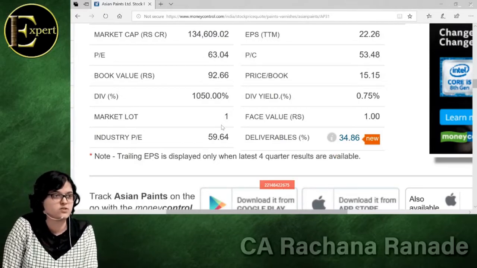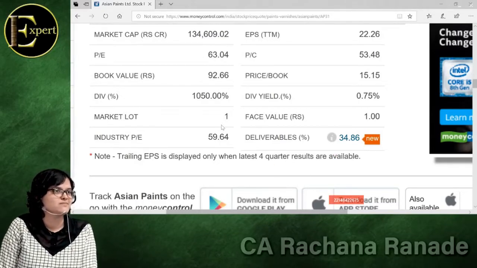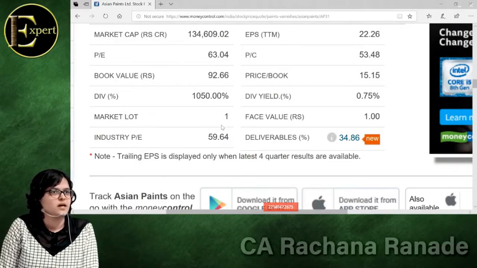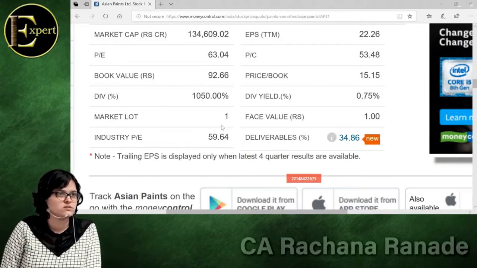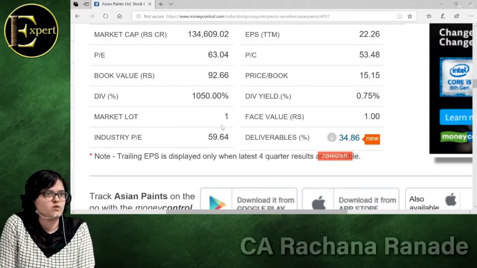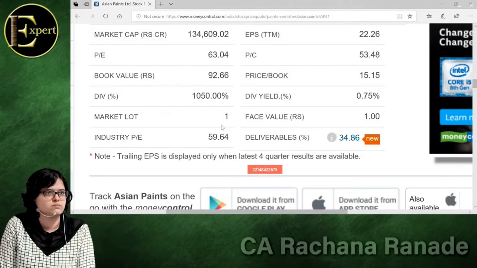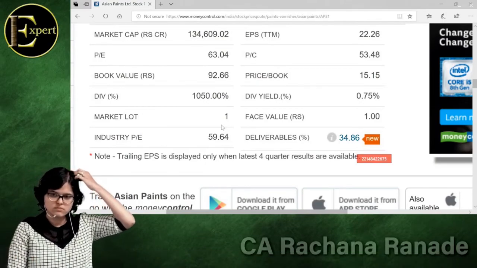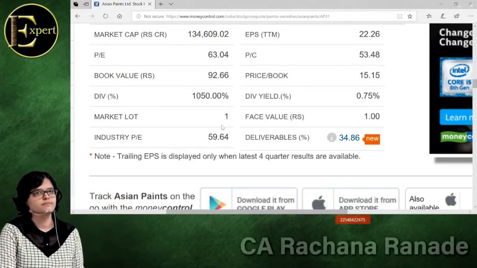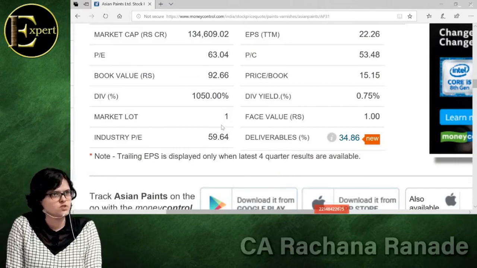We are getting the share at a cheaper valuation as compared to the industry average. As compared to the industry average. Is this okay?